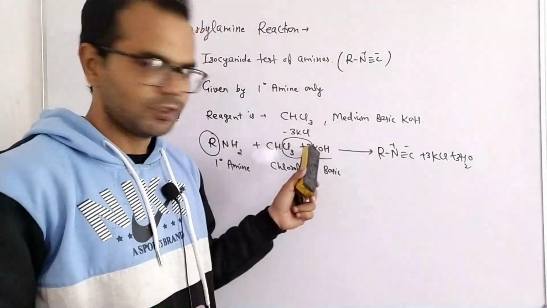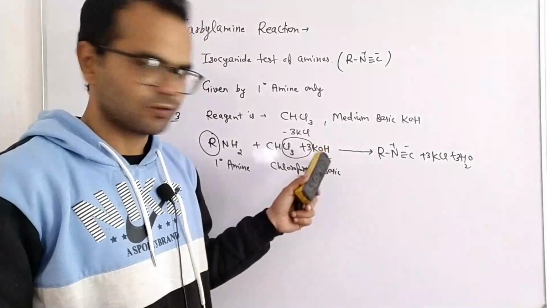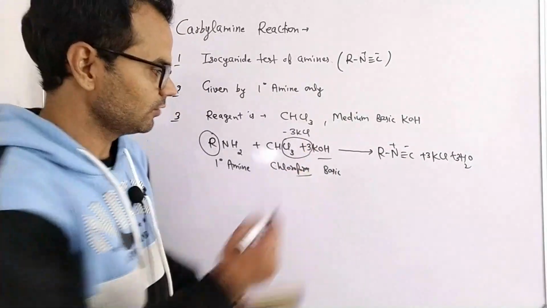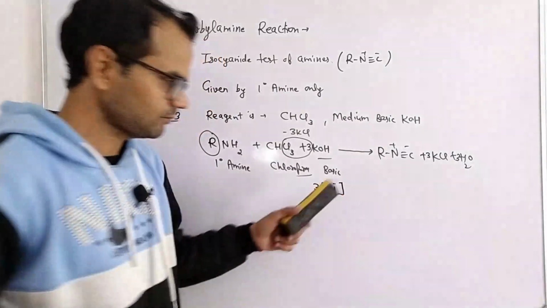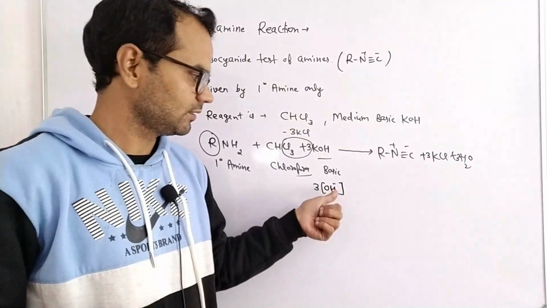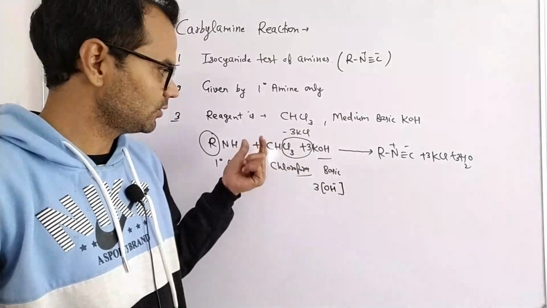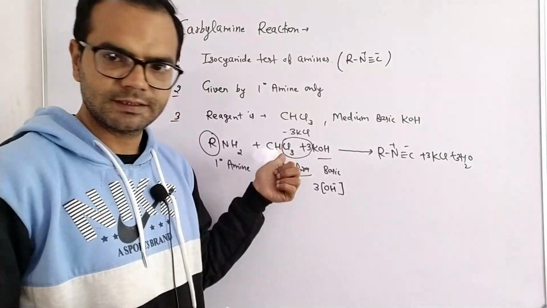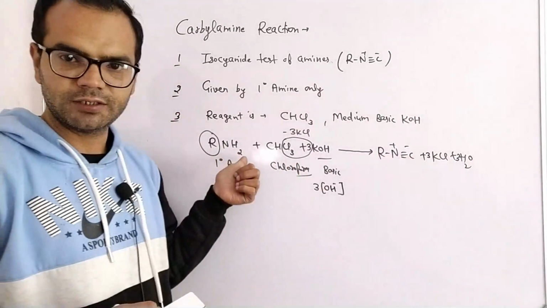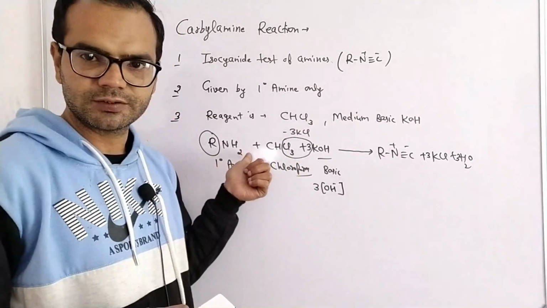Next, KOH is a strong base, so the base gives OH ions. So we have here 3 OH ions. Now this OH ion attracts acidic hydrogen. In chloroform, this H is acidic, as well as in the amine, these 2 hydrogens are also acidic.